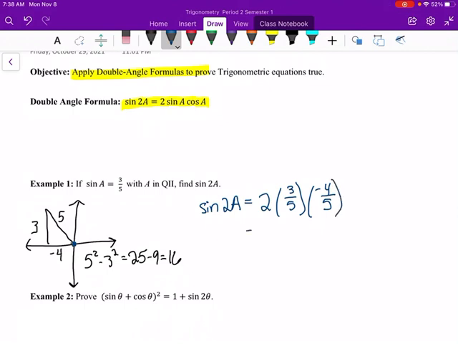Now we're just going to simplify by multiplying this all together. 2 times 3 is 6 times negative 4 is going to be negative 24 all over 1 times 5 times 5, which would be 25. And that would be our final answer. We do want to leave it as a fraction, giving us the exact answer.